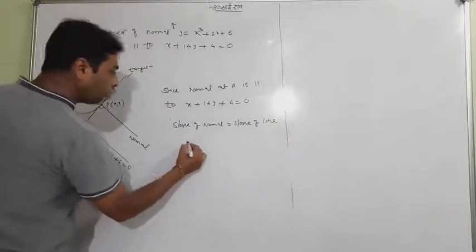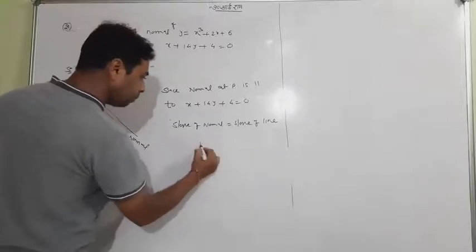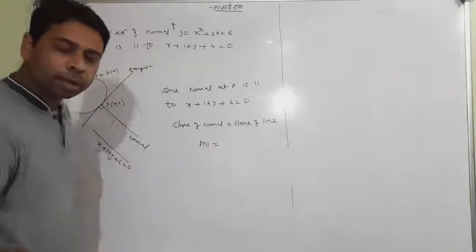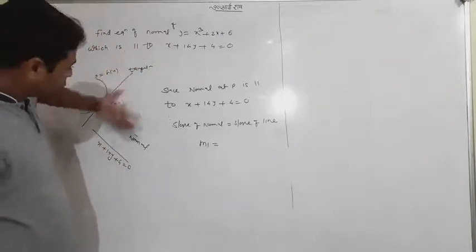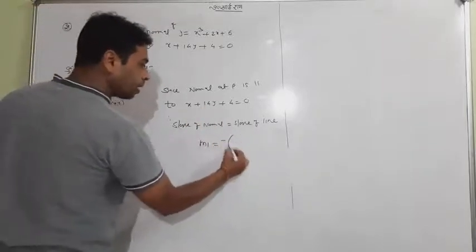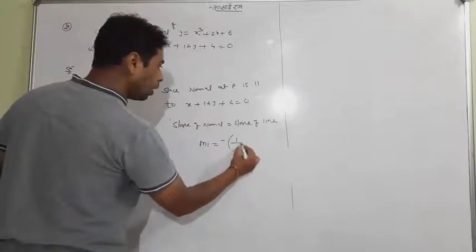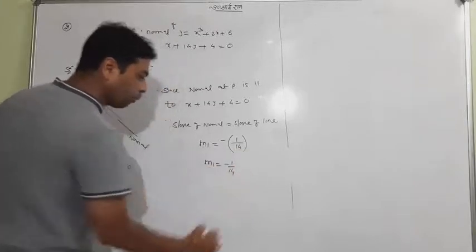I don't want to take m, because usually we take the slope of the tangent as m. So I say that the slope of the normal is m1, and the slope of the line is minus coefficient of x upon coefficient of y. So we have got m1 equal to -1 by 14.